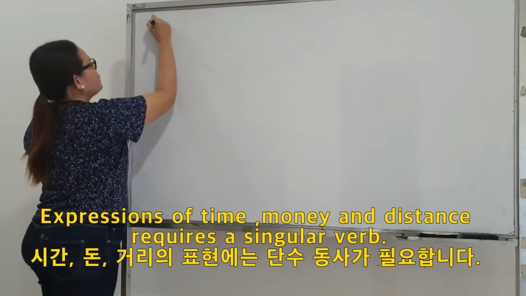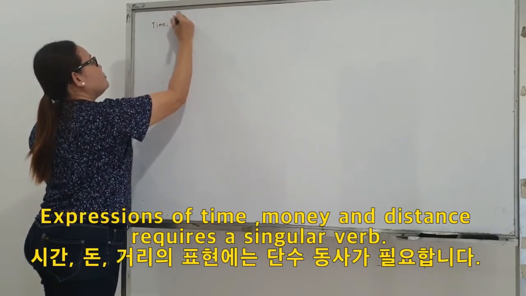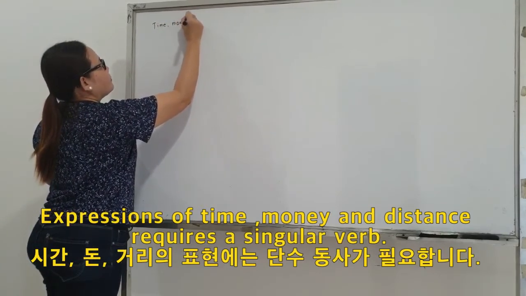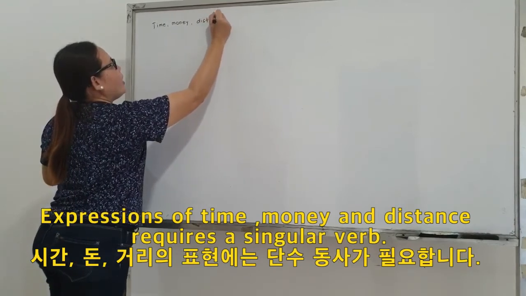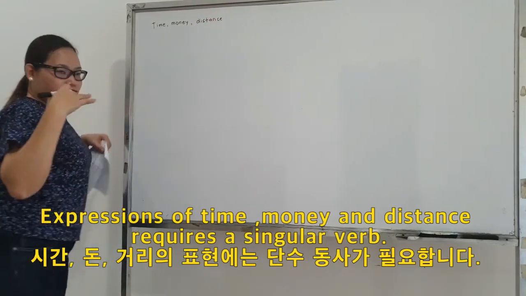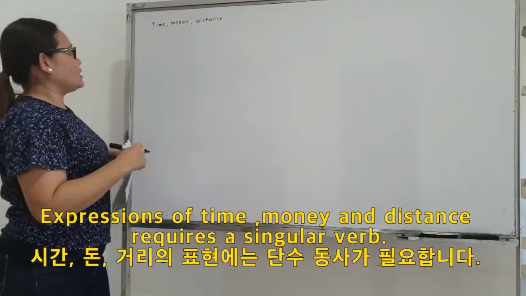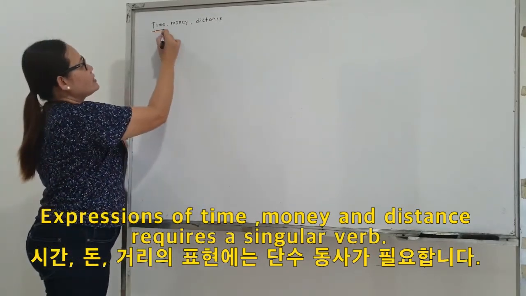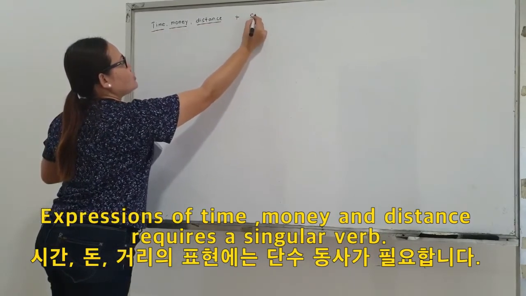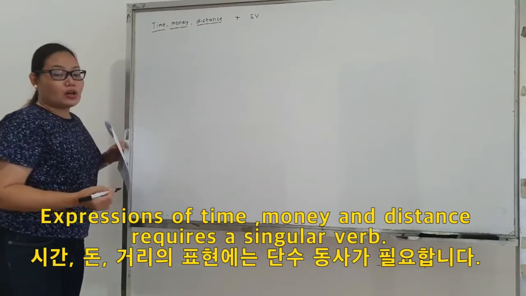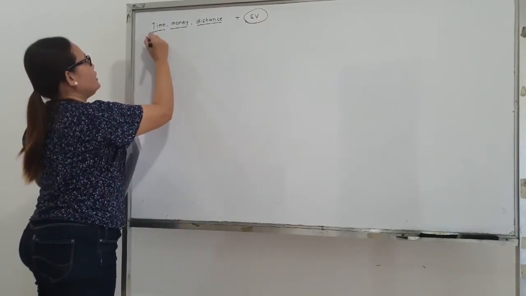Regardless of the number, or how big it is, as long as it is dealing with time, money, and distance, this always goes with a singular verb. So I'll give you one example for each.